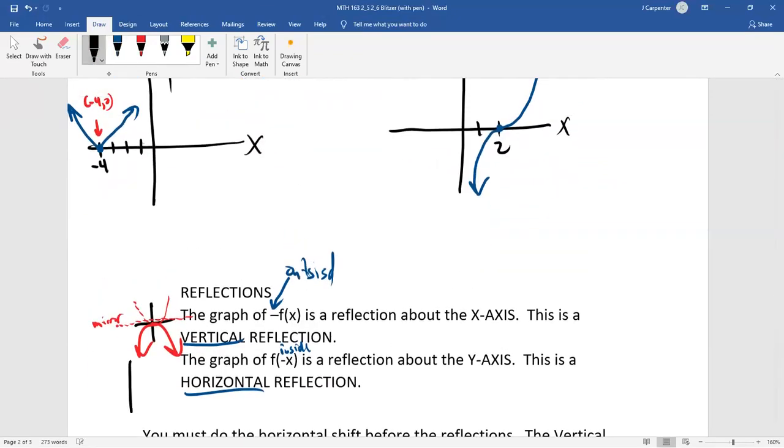So what that says is, if you have a negative inside paired with the x, you're going to reflect it across the y-axis. So this is our mirror. So again, the original function might look like this. Sorry, that should be a ghost image. But then when you draw it yourself and reflect it, there's your actual image. So you reflected left to right.